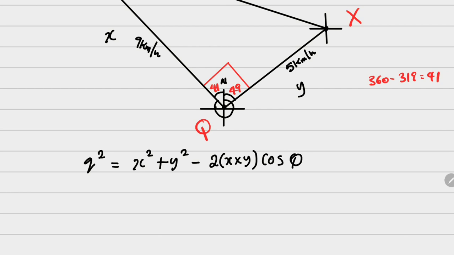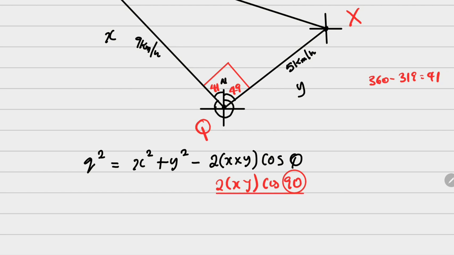All right. Now, listen, this is a general formula. But if you look at it very well, angle Q is 90. Now, when you insert 90 here, I have 2xy times cos 90. Now, cos 90 is 0, so every other thing here is 0.